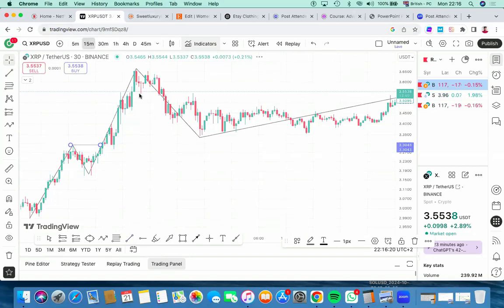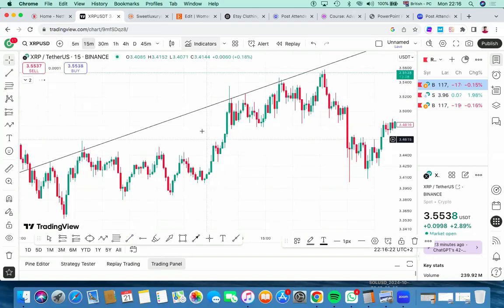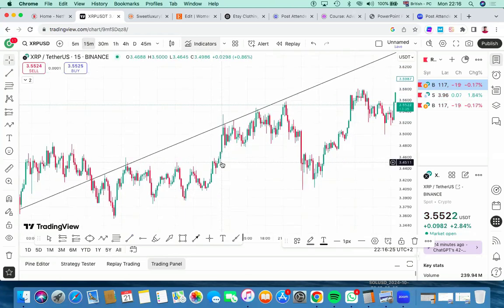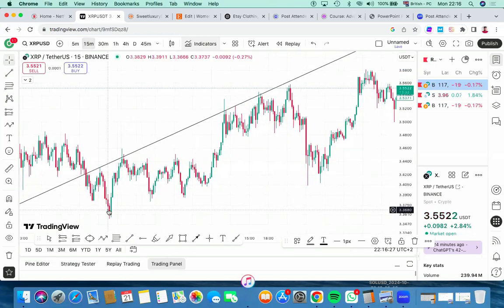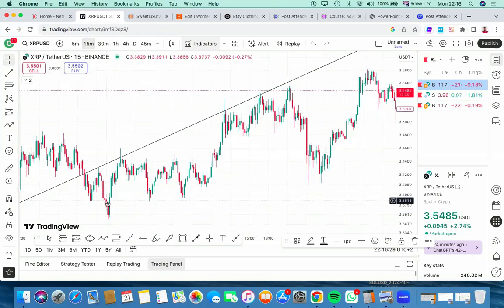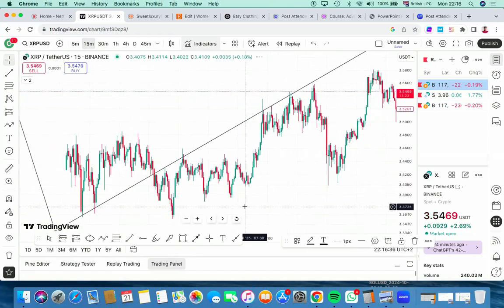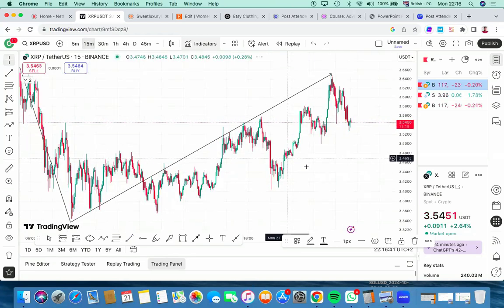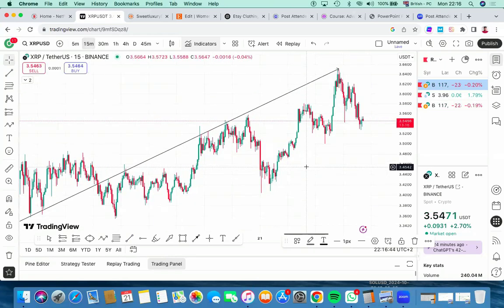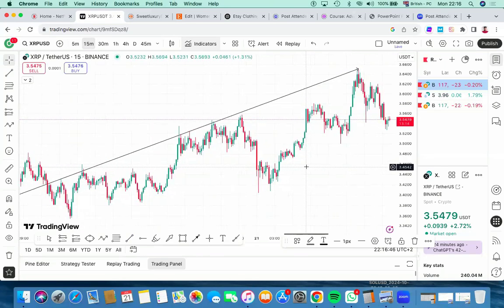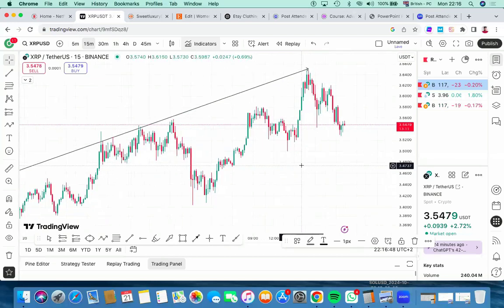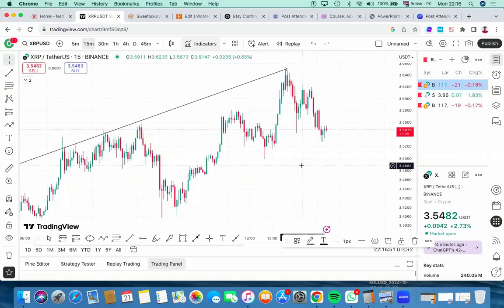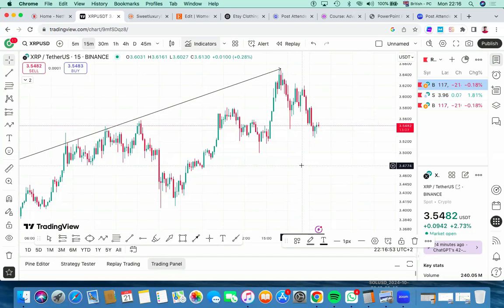Let me come down now to the 15 minutes time frame. This has been mitigated. On the 15 minutes time frame, the closest entry that we can look for is a sharp entry, because this market is really going very bullish.